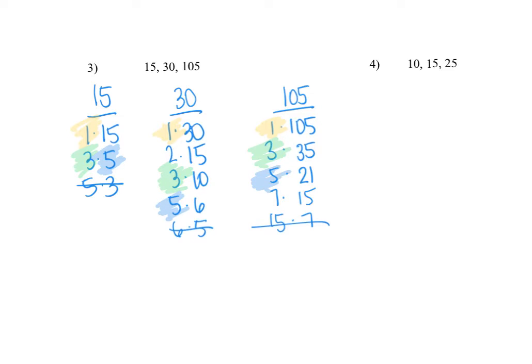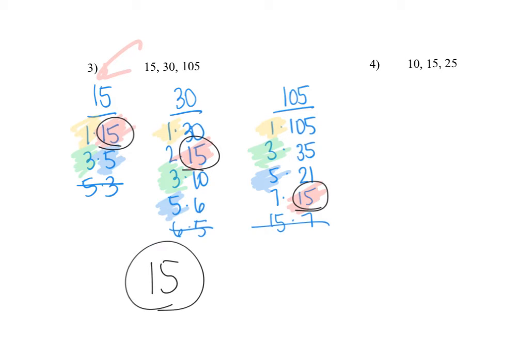But that works. All right, and 15. And I'm actually all out of factors on 15, so I can pretty much stop looking. And if I look for my GCF, my greatest one is 15. And I'm all done.